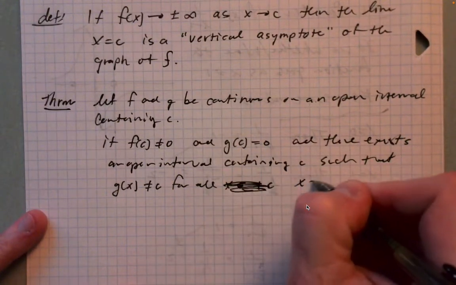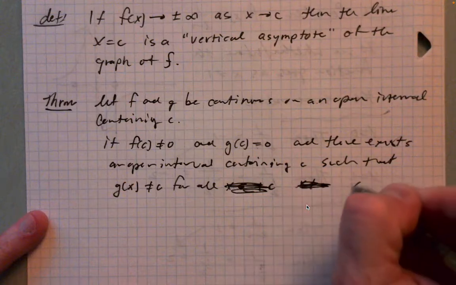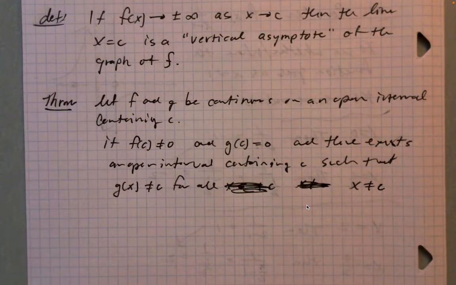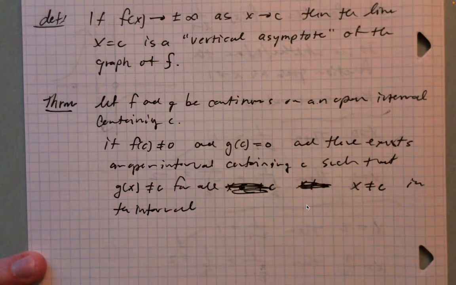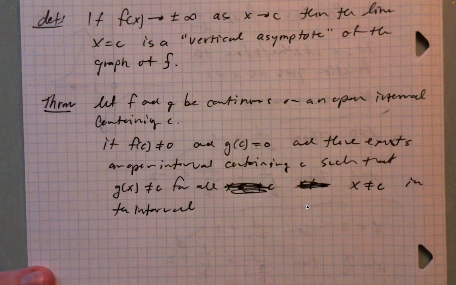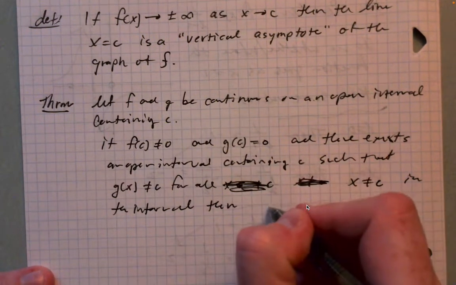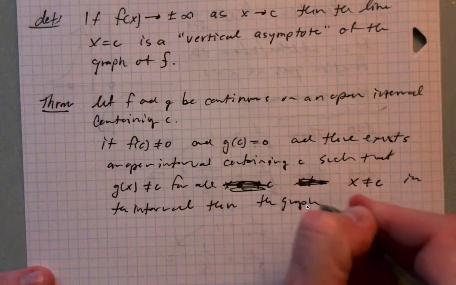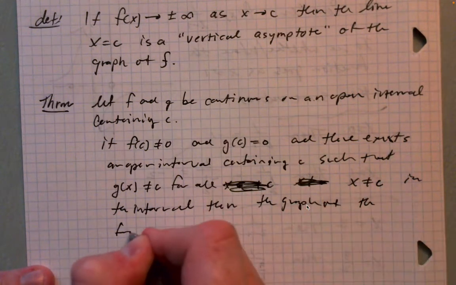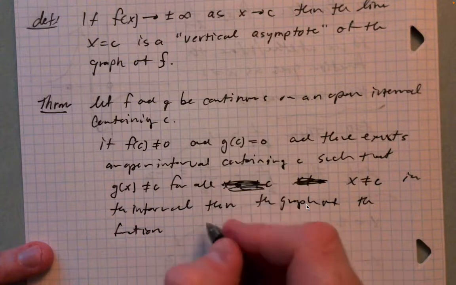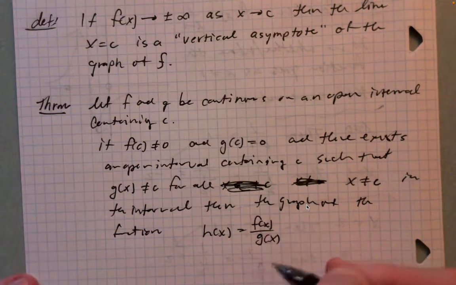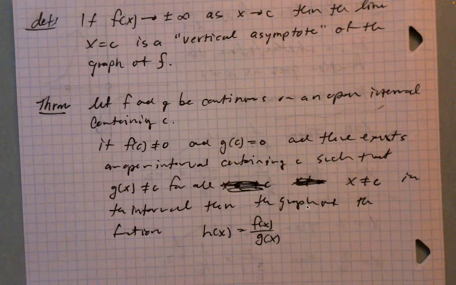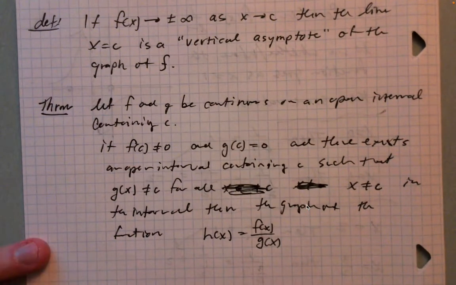Hold on. X not equal to c, in the interval, of course. Then the graph of the function h of x equals f of x over g of x has a vertical asymptote at c.